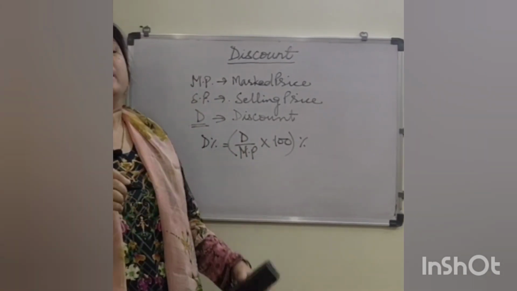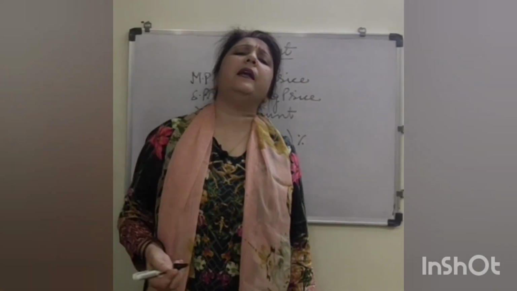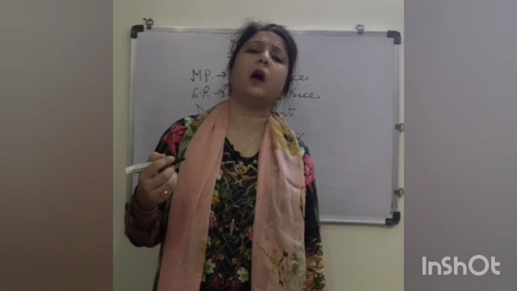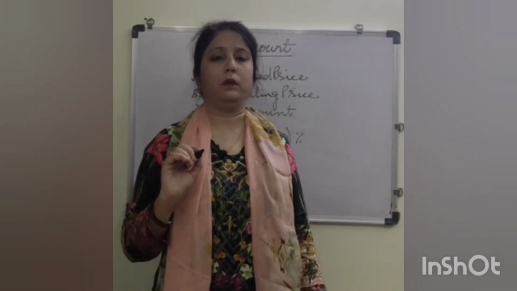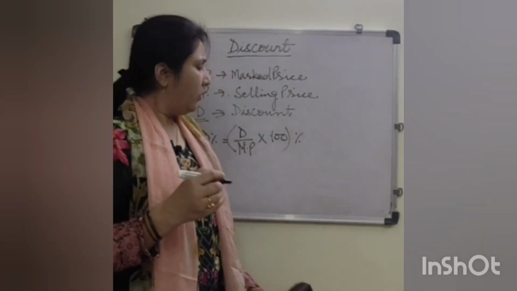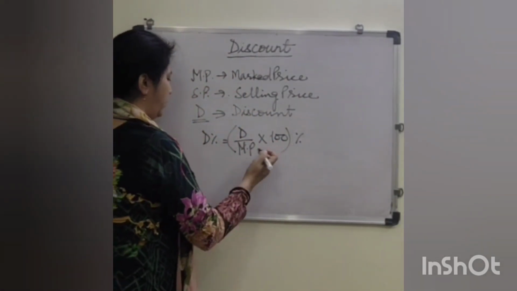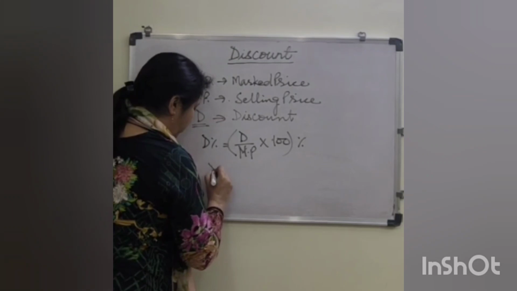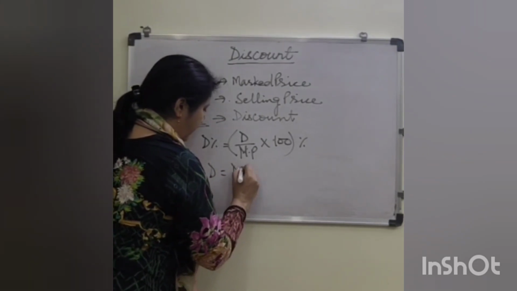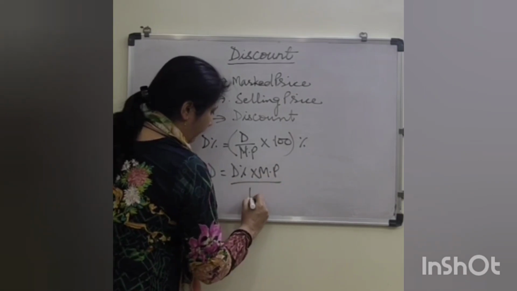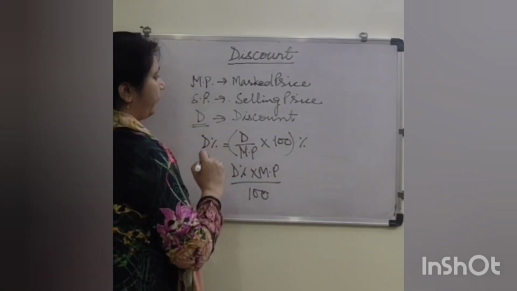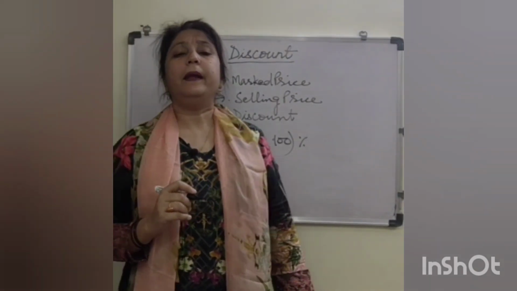So discount percent is written by discount over MP multiplied by 100%. Clear? Now you may find some cases where discount percent is given and you are asked to calculate discount. So in this formula only you just do transposition. So discount will be D percent into MP over 100. Fine.